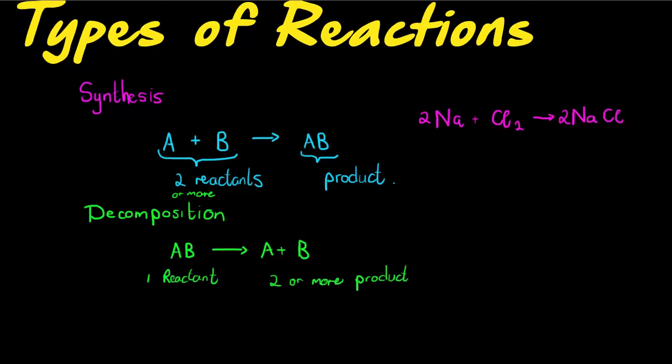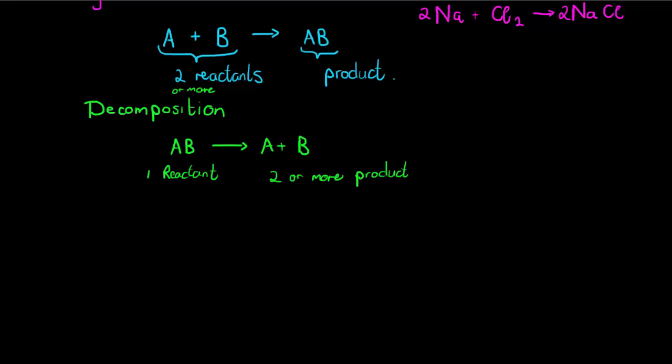One example would be hydrogen peroxide, H2O2. This is not water, it's called hydrogen peroxide, and it can decompose into hydrogen plus oxygen, and this is already a balanced equation. That's an example of a decomposition reaction.